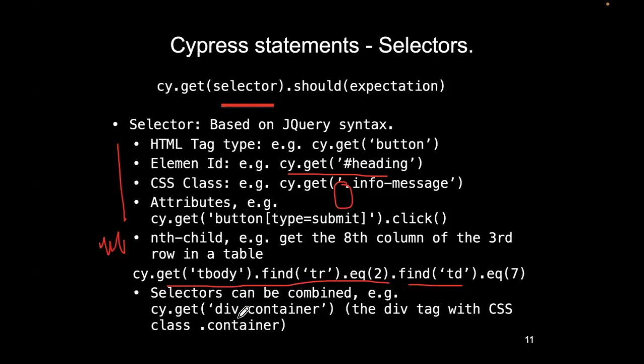So I'm looking for a div element that has the container CSS class assigned to it. And you'll see some examples of combining. We're combining here as well. We're combining attributes and a tag here as well.